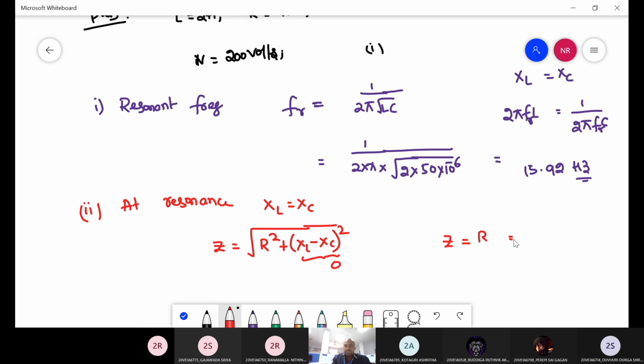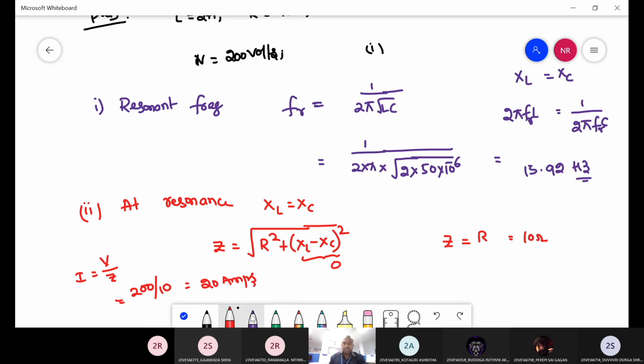Okay. Then what is the Z value now? R is equal to 10, then Z is also 10. Then current I is equal to V by Z. V is the supply voltage, 200 by 10. How much is the current? 20 amps.